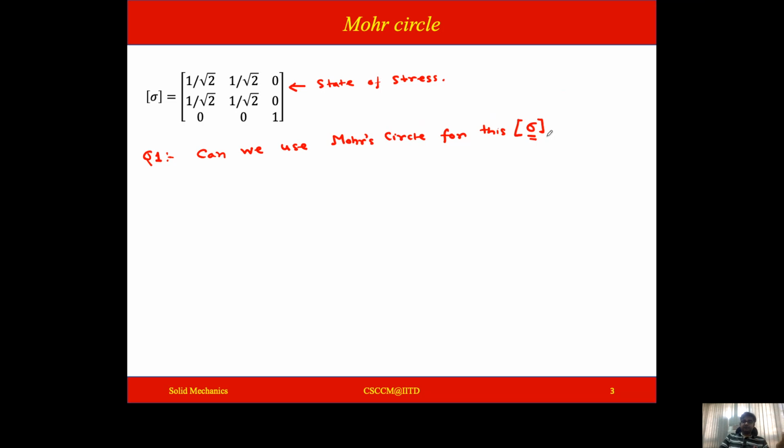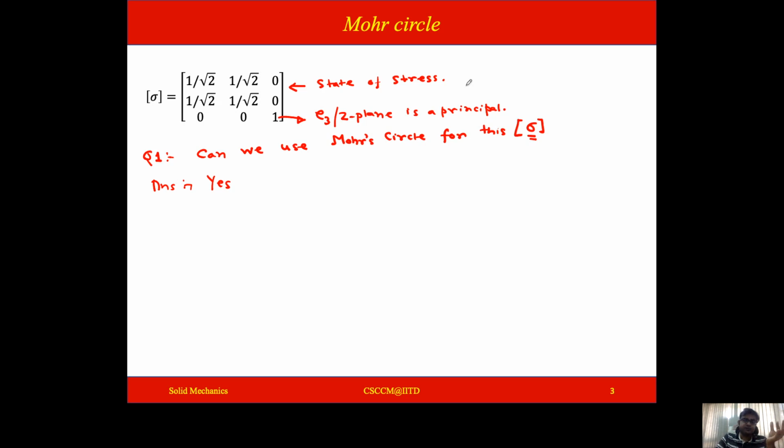That is the first question. And the answer to this question is yes. Yes, we can use Mohr circle for this state of stress, because clearly this E3 plane, or the Z plane, is a principal plane. So our minimum condition is satisfied. E3 or Z plane is a principal plane, so we can actually use Mohr circle and find out the principal stresses.